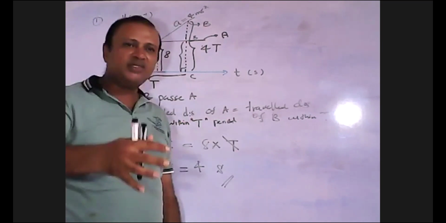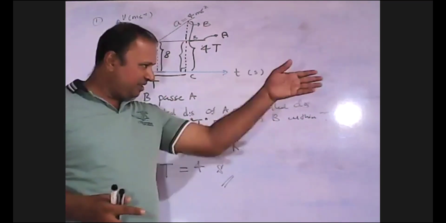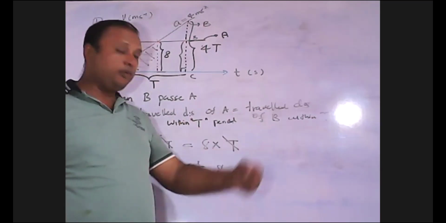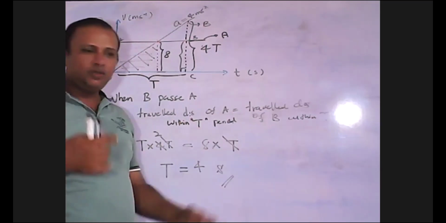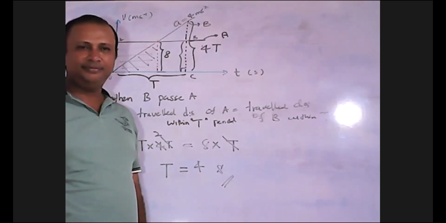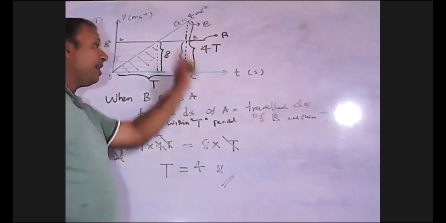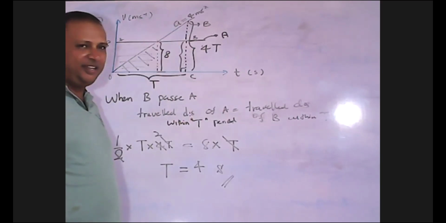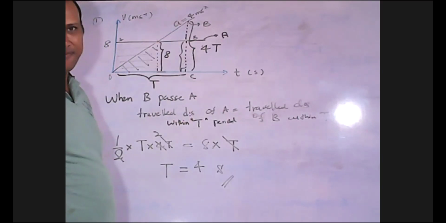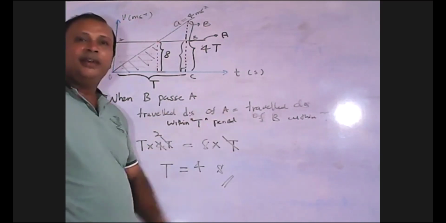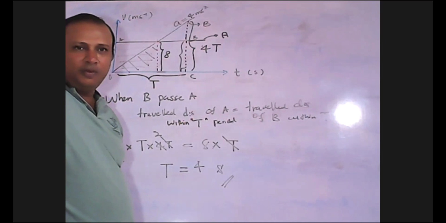Definitely your velocity should be higher than the velocity of the previous vehicle. No? Otherwise, you cannot overtake that vehicle. Therefore, definitely the velocity of B should be higher than the velocity of A. Otherwise, we cannot pass it. And then you can come to the next argument.